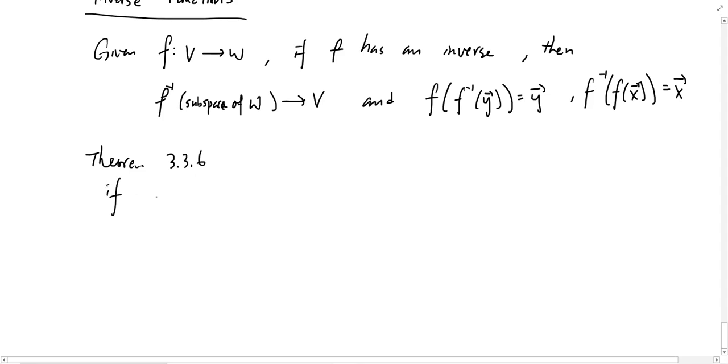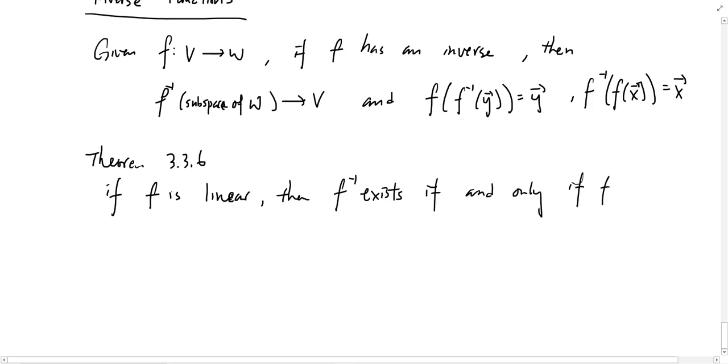If f is linear, then this is how I know f inverse exists. f inverse exists if and only if f of vector x equal to 0 vector has only one solution, and that solution must be the 0 vector.